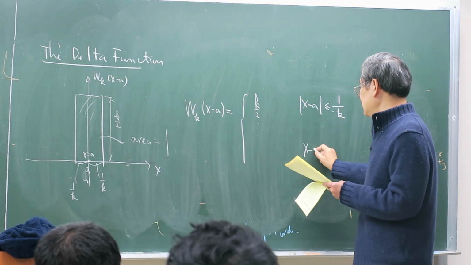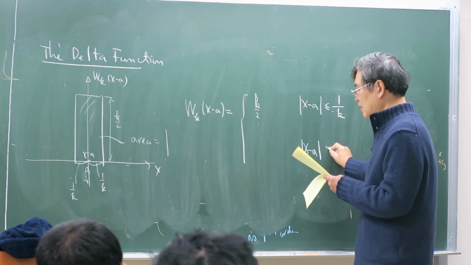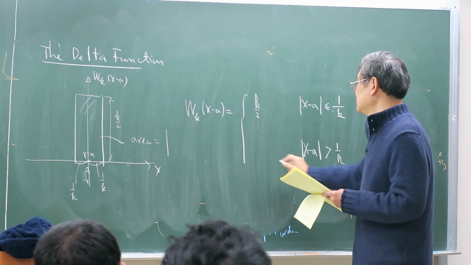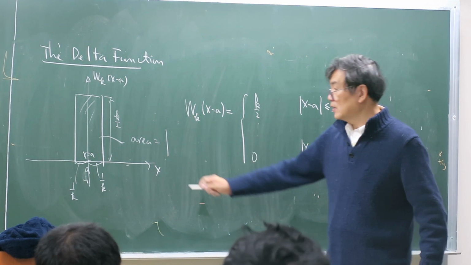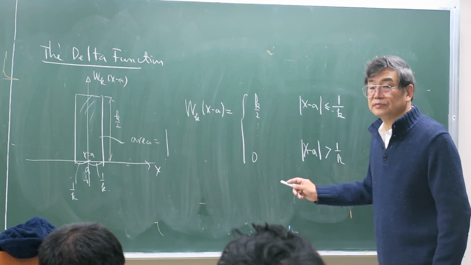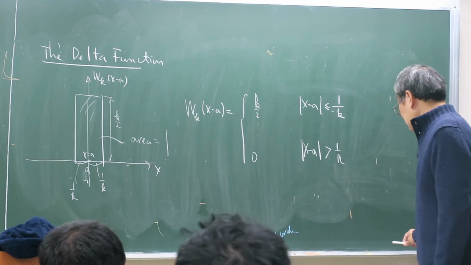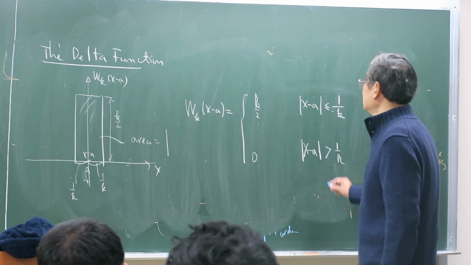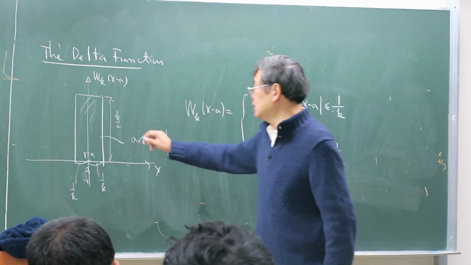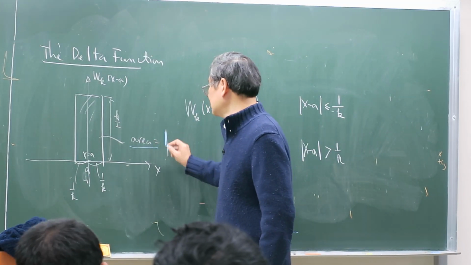For absolute value of x minus A larger than 1 over k, it is equal to 0, right? So for this function, the area is equal to 1.